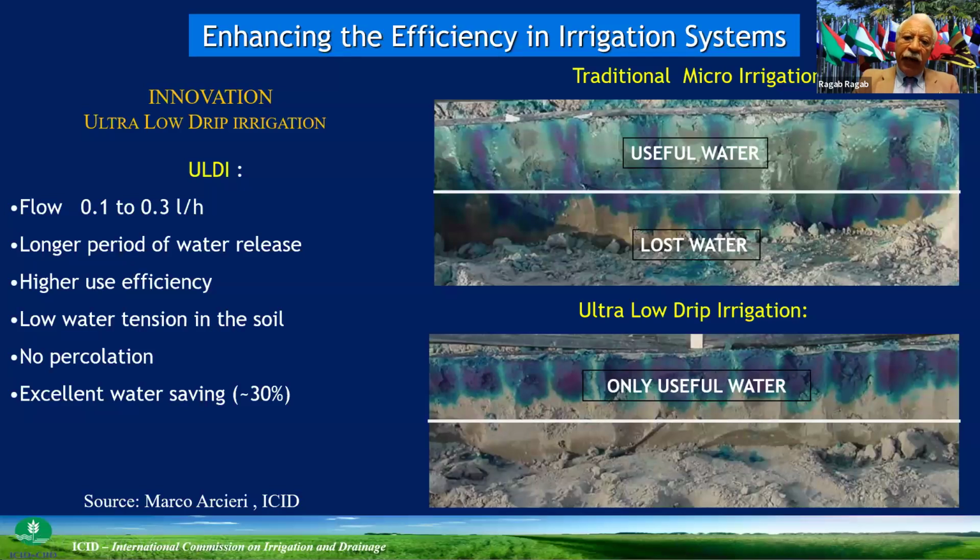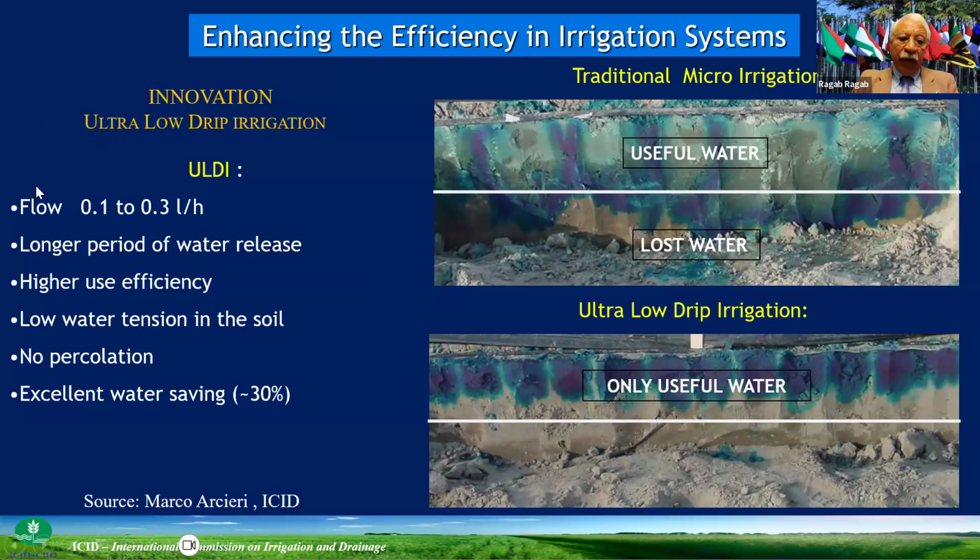Another type of nano irrigation system is called ULDI, ultra low drip irrigation. And here is the common or traditional drip irrigation. You can see here some water from the drip irrigation goes below the root zone, and that's losses. When you apply ultra low, it means ultra low in pressure and energy and the flow.